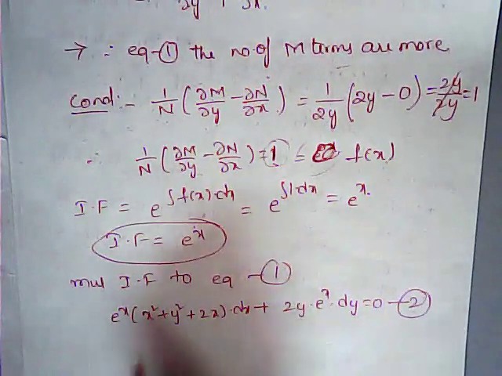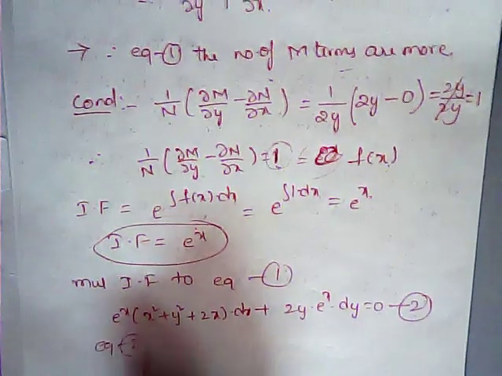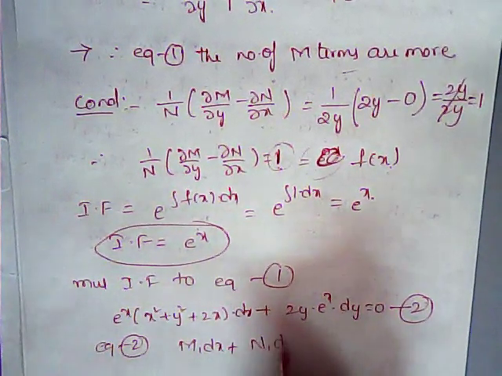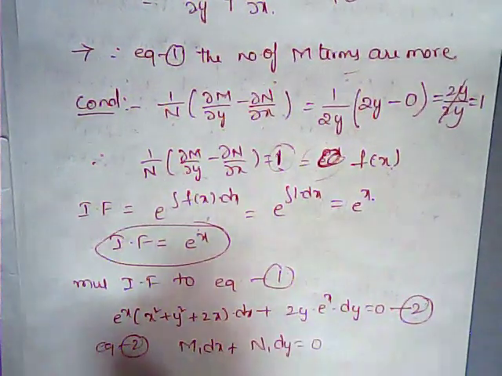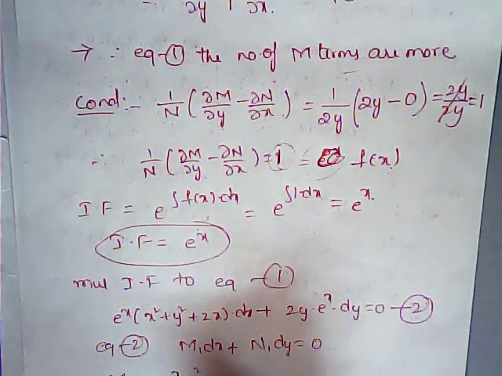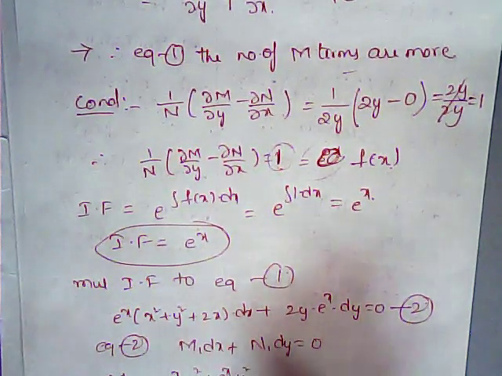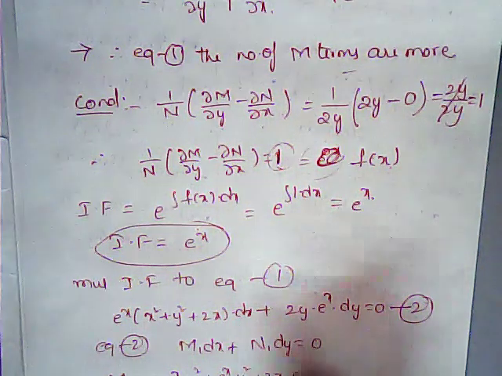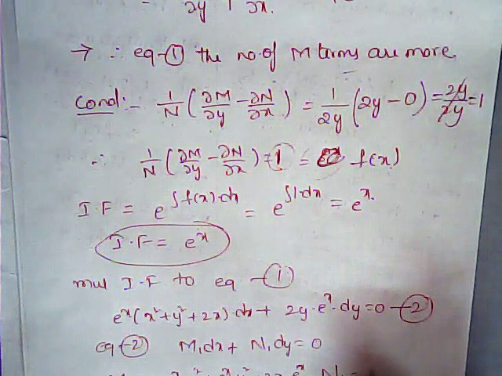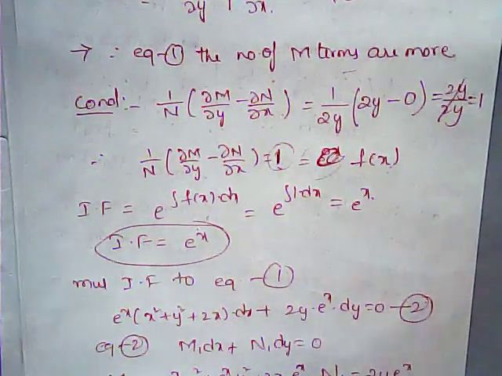Now equation 2 is in the form of M1 dx plus N1 dy is equal to 0. What is M1 here? M1 is equal to e power x x square plus e power x y square plus 2x e power x. And what is N1 here? N1 is 2y e power x.